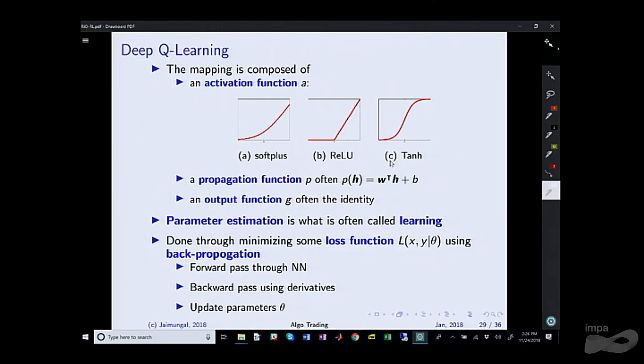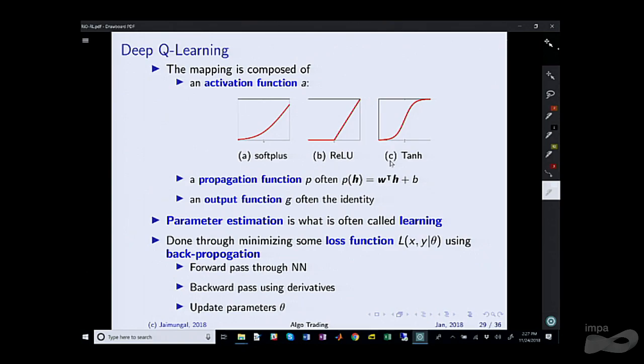Well, of course then you don't have negative prices, so it's not exactly. It's a hockey stick at 0. Tanh, these are examples of activation functions. Then there's a propagation function, which is often of that form. It takes in a set of hidden values and outputs a number: W transpose H plus B. B is the offset, W is the weights. And an output function, often the identity.